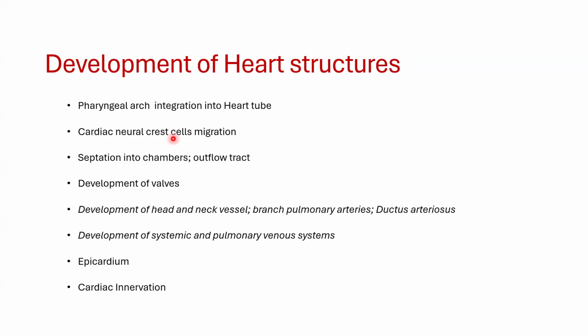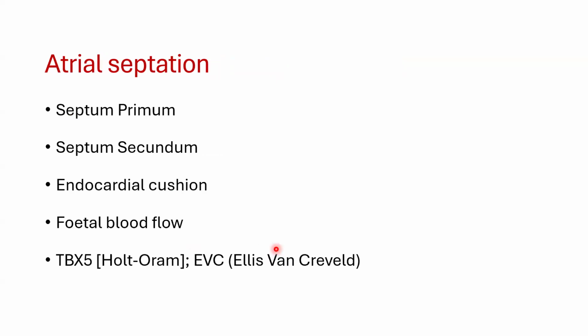Okay, and an important part of the final heart is the septation of the chambers and the outflow tracts, the development of valves, the development of head and neck vessels, the systemic venous, the carving of the heart, and so we'll go quickly to the atrial septum. So the ingredients for atrial septation are the septum primum, septum secundum, the cardiac cushion, and then the fetal blood flow.